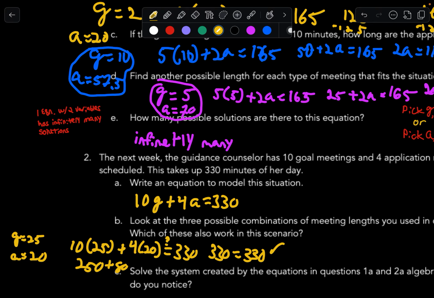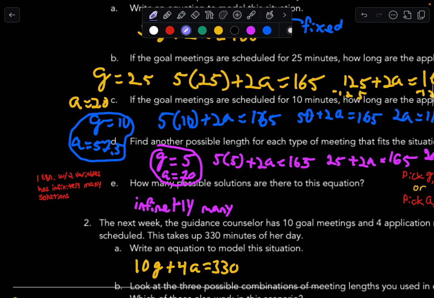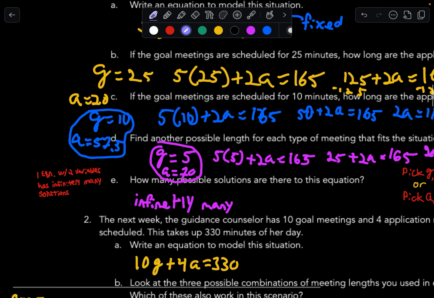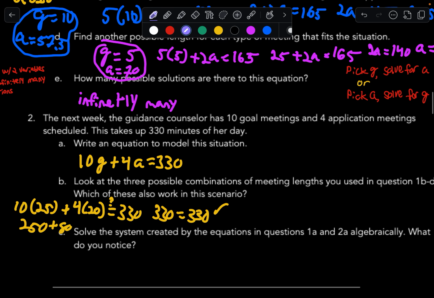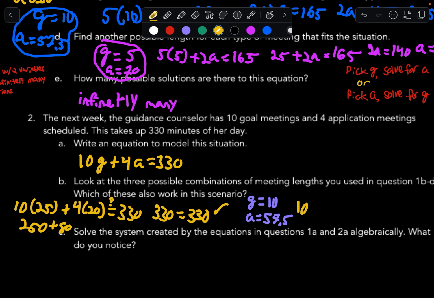That point works. So let's try the next point, which is G is 10, A is 57.5. It's going to be the same deal. We'll have 10 times 10, plus 4 times 57.5.